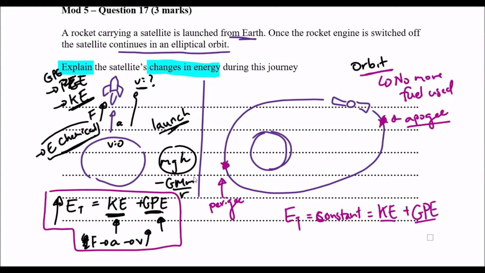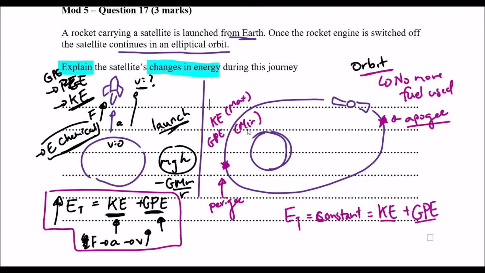Okay, so when we are at the closest point here, we expect that the kinetic energy will be at its maximum point, and we expect the gravitational potential to become a minimum value.